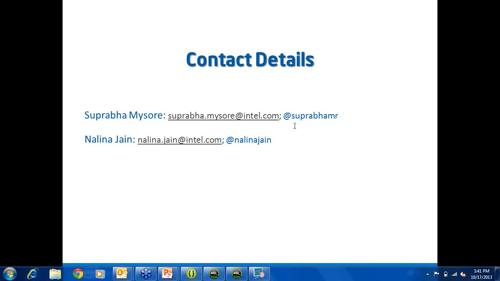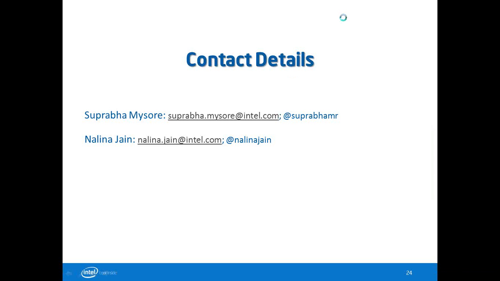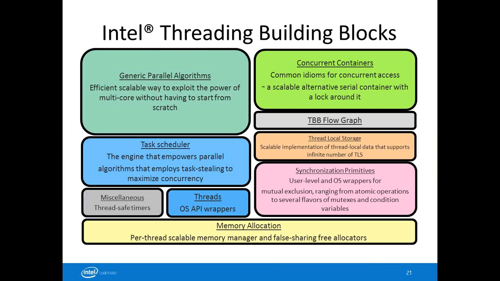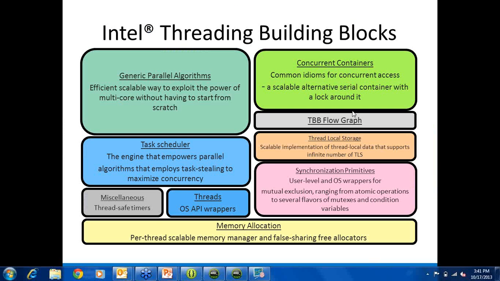So here we have the first question from Bhavin. How is Thread Building Blocks different from the normal thread concept in open source? Conceptually, it is pretty much the same. Just go back to the TBB slide.